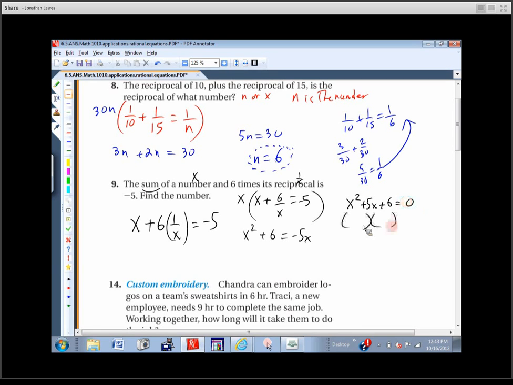And then if I write it as a multiplication problem, then I can figure this out. So if we're going to write it as a multiplication problem, that's code for we need to factor this. Numbers that multiply to be +6 combined to be +5. +2 and +3, right? So this says x equals -2 and x equals -3.